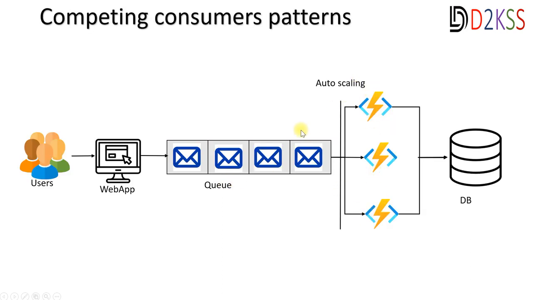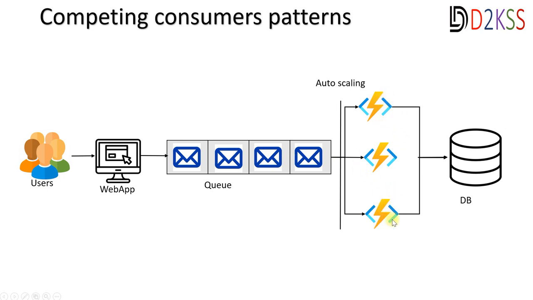So this is the best scenario. For example, when multiple users are trying to access our web application, we want to process that particular request as early as possible to give the response. So we are implementing auto scaling here for the Azure functions based on the demand.